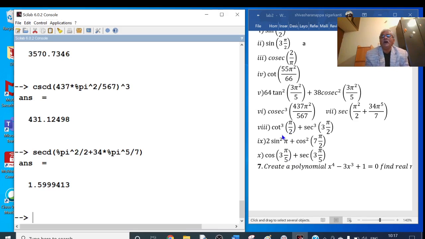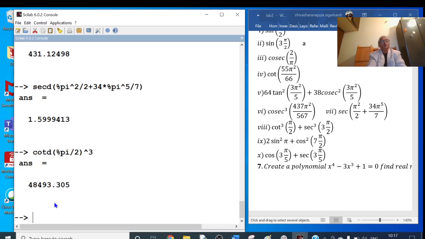Next, cot cube of pi by 2. Cot d of pi by 2, that is percent pi by 2. To this I have to give cube, that is caret 3. Enter. Something 48493. Plus is there now.